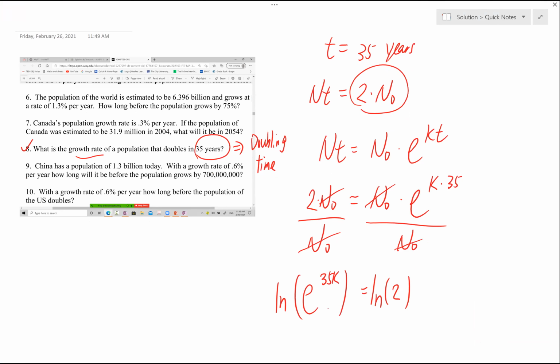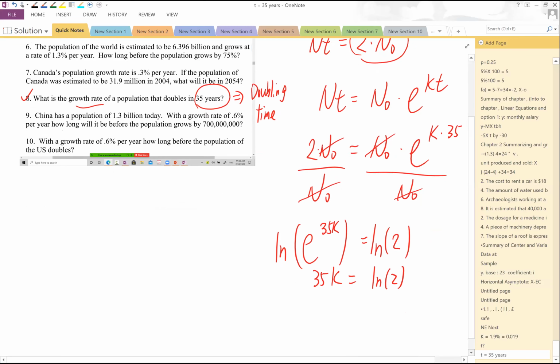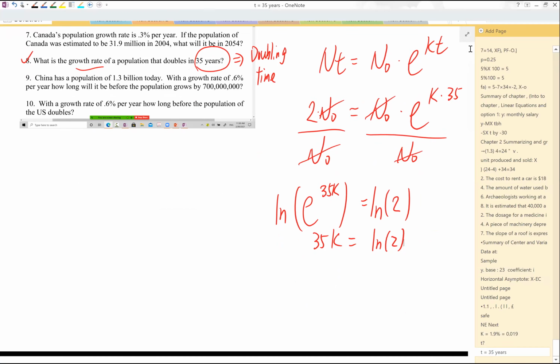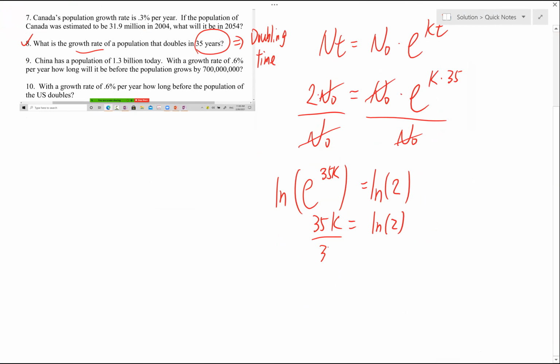Then we simplify, so we get 35K equals ln of 2. Then we just divide both sides of the equation by 35, and we should get the result. So K is approximately equal to ln of 2 over 35.